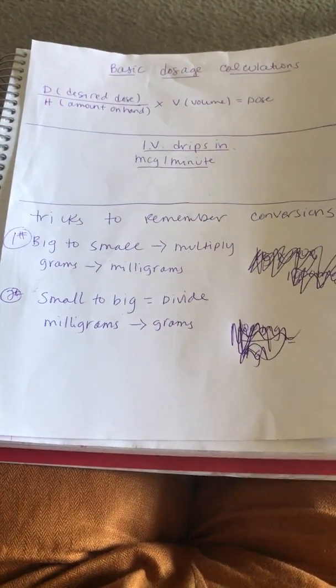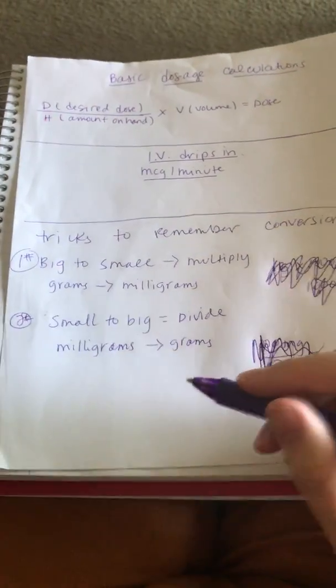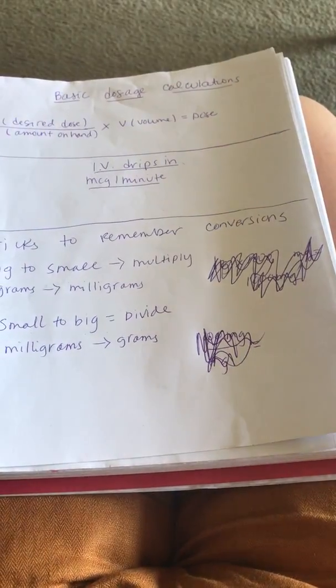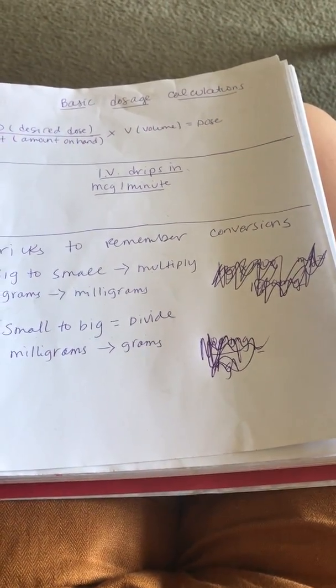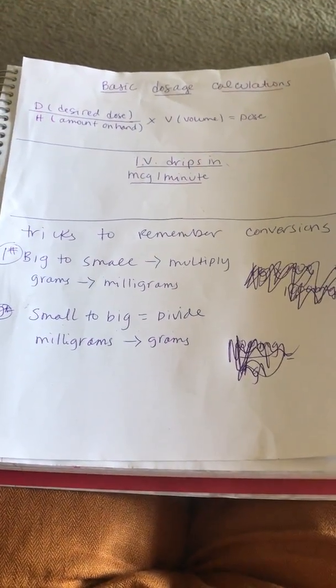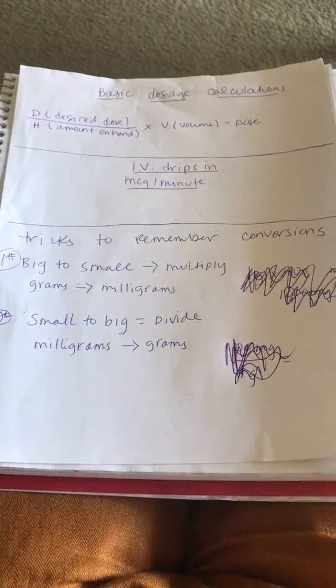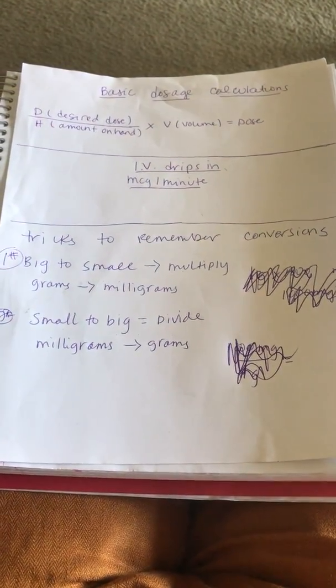So the first thing that I do is I convert in my math problems, because I feel that converting my units prior to doing my formula is going to help me focus and get to the correct answer.